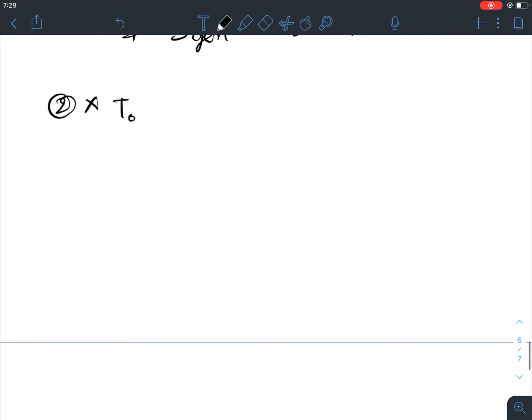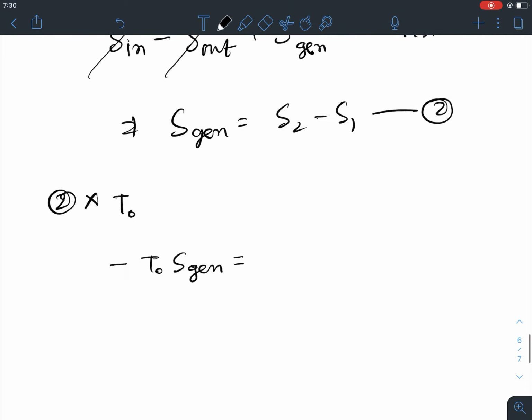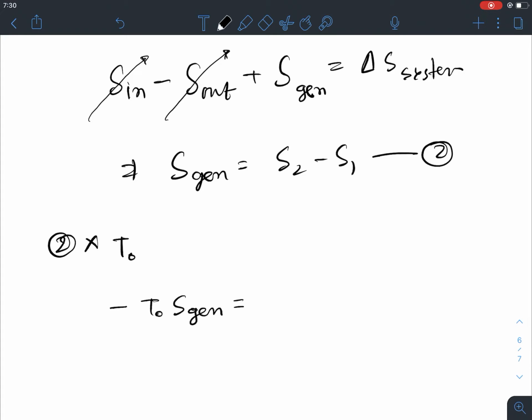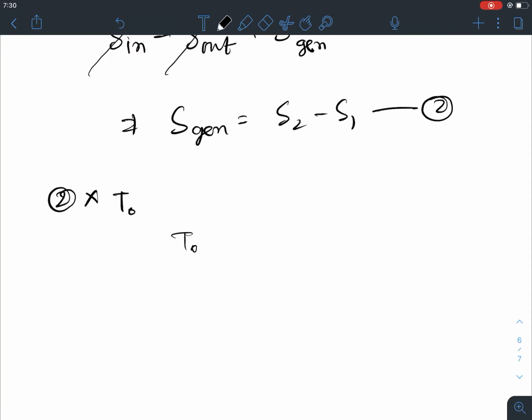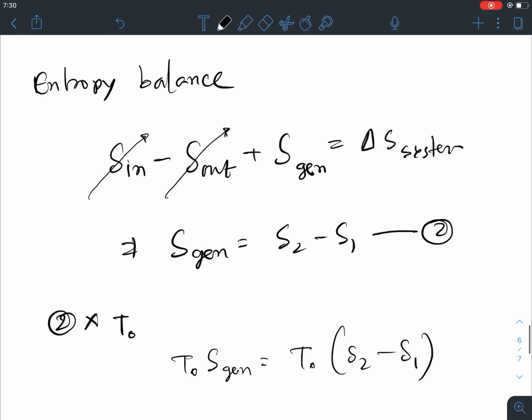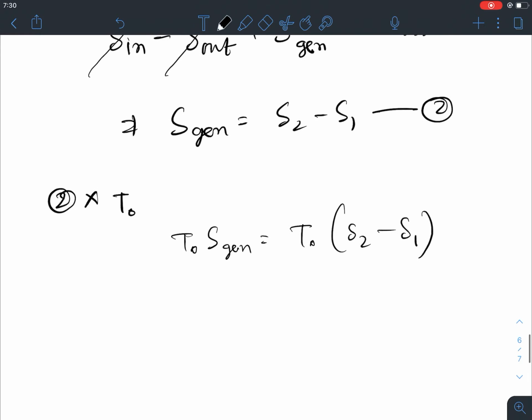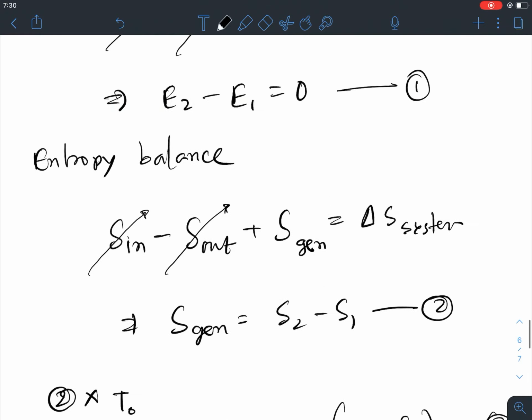If we multiply equation 2 by T naught, the surrounding temperature of that isolated system, then the expression will become T naught of S gen equals T naught of S2 minus S1, right?